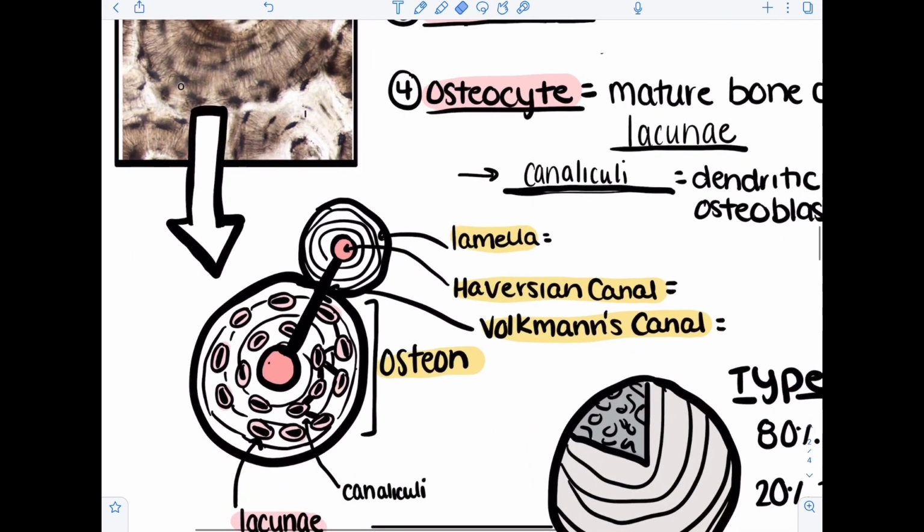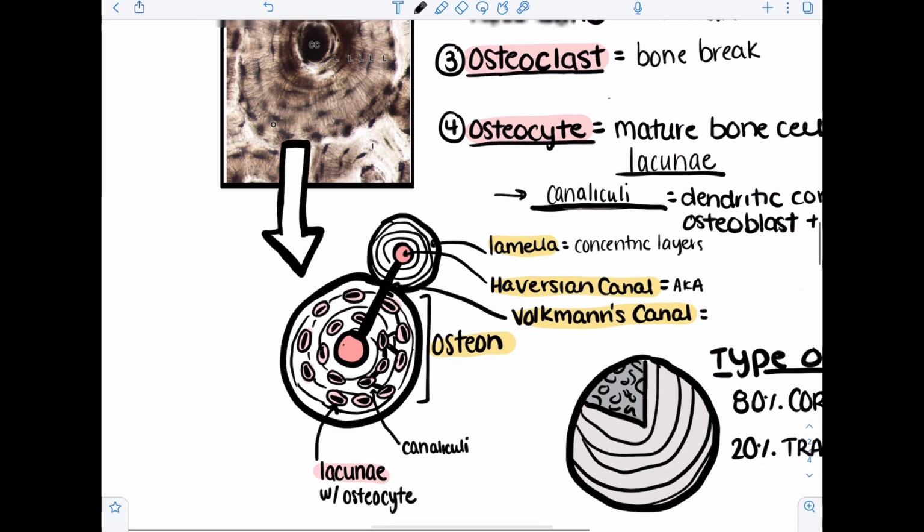If you look here, I have a lamella right here. These are concentric layers of that bone tissue, of that calcified extracellular matrix. And in the middle is that Haversian canal, also known as our central canal.